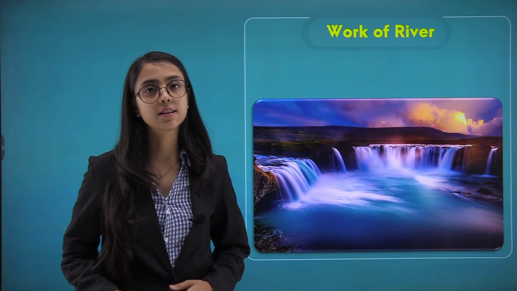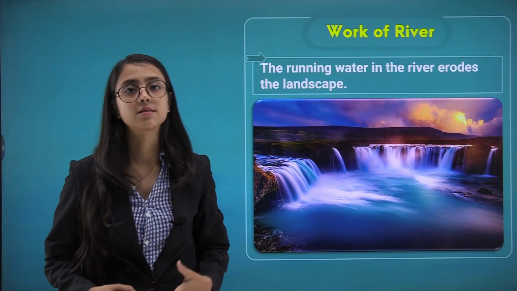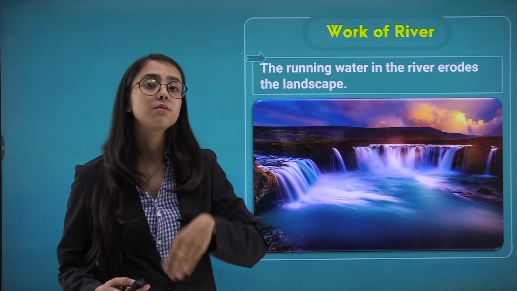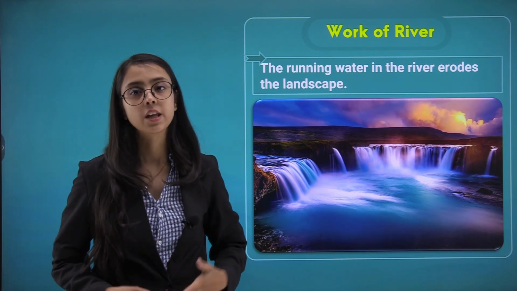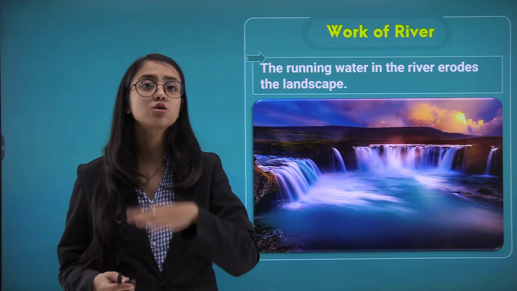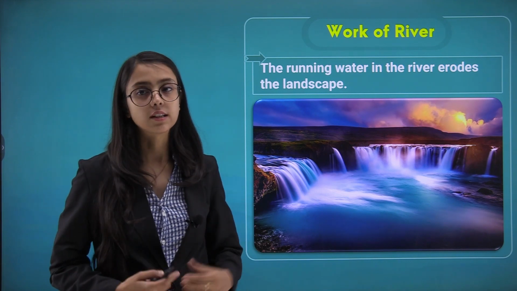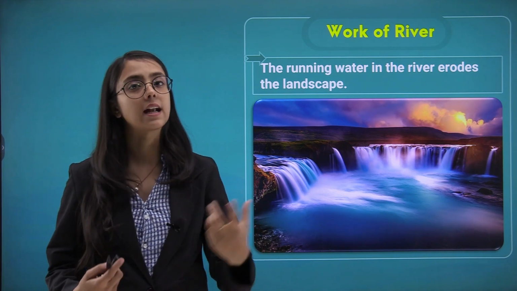Now let's study in detail what work of river means. How does a river affect the process of erosion and deposition? So, what happens when you see a river? What do you observe? A river is always flowing, the water is moving. This running water in the river erodes the landscape.